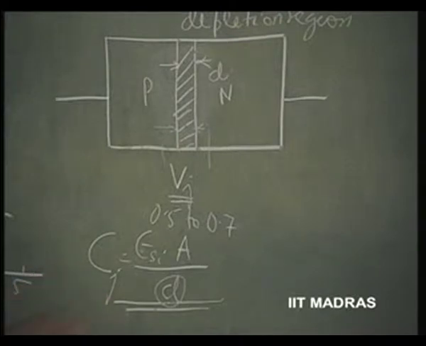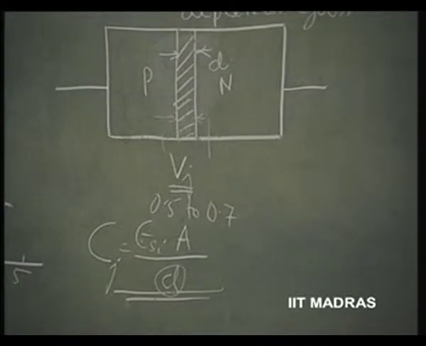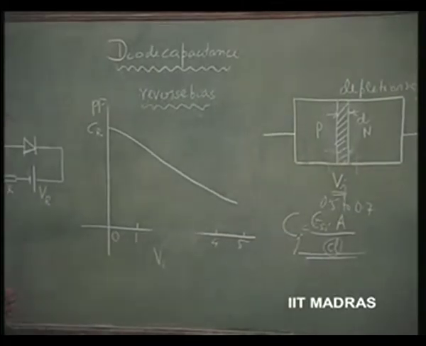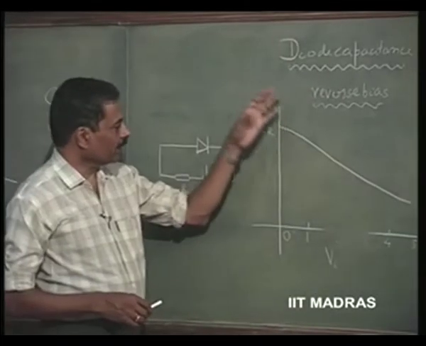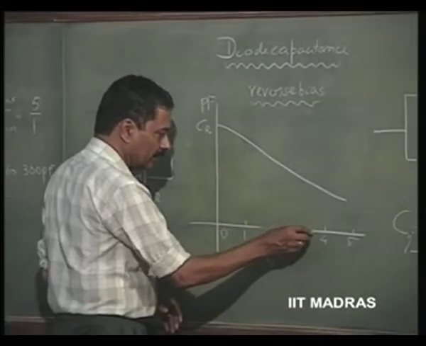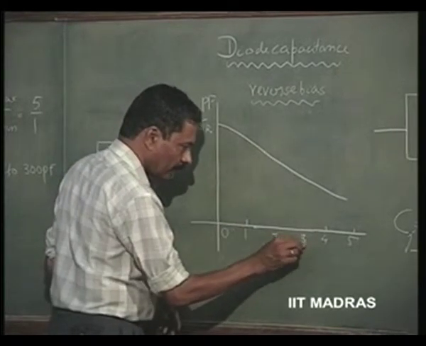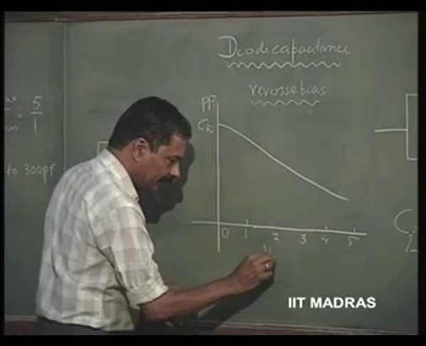So, this kind of property of the junction, if it is exploited, then that particular diode becomes a special diode. You can say it is a diode specially used for its capacitance, and the capacitance is now going to be dependent upon the reverse bias voltage.